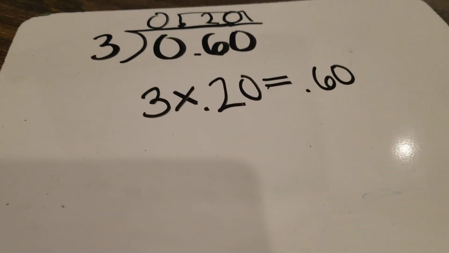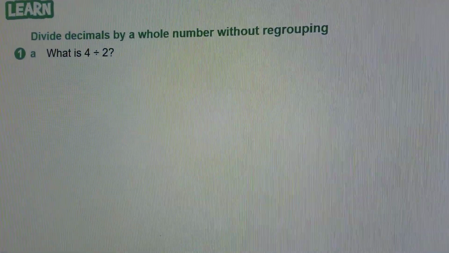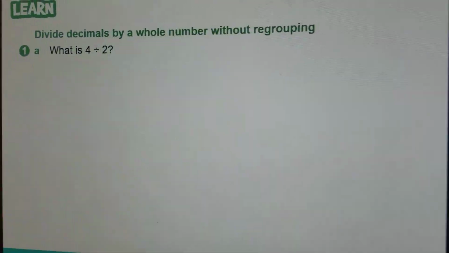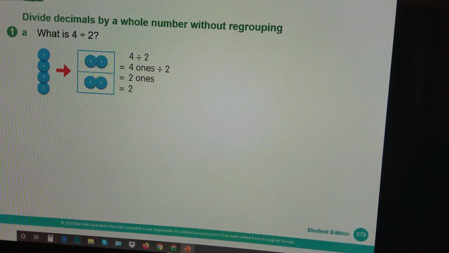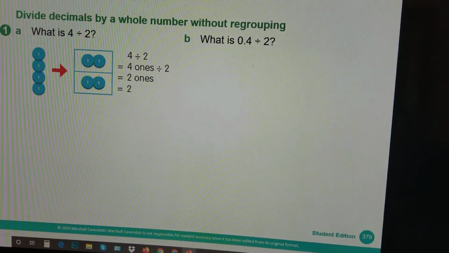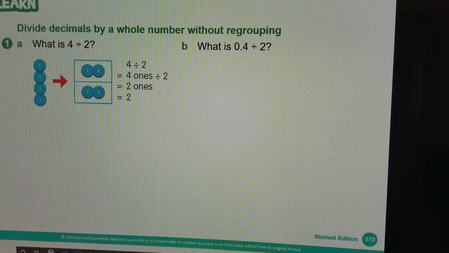Okay, let's do another problem. Okay, what if I asked you to do 4 divided by 2? We know the answer is 2. This is like a visual to show you that. What if I asked you what is 4 tenths divided by 2 people?